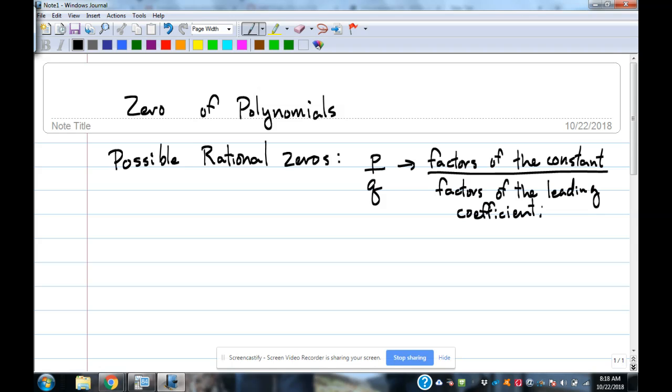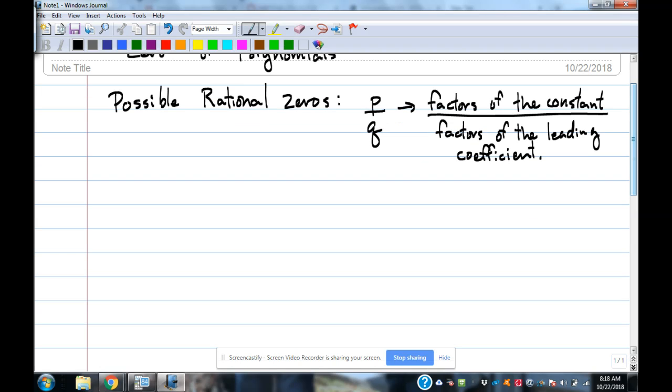Okay, factors of the constant term divided by the factors of the leading coefficient. And what it creates is a list of the possible rational zeros. If the polynomial has a rational zero, it'll be in this list.